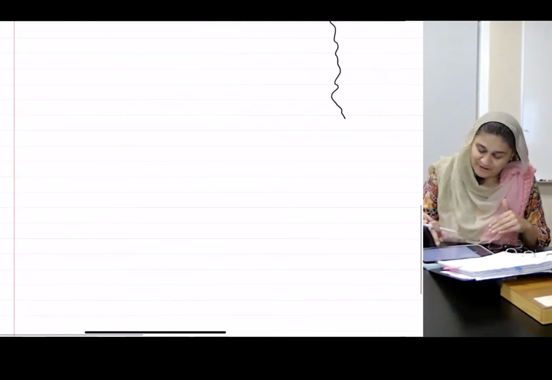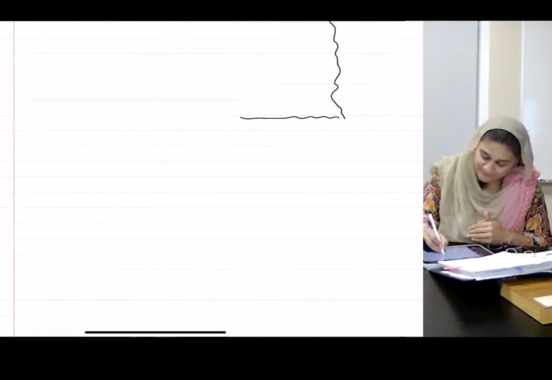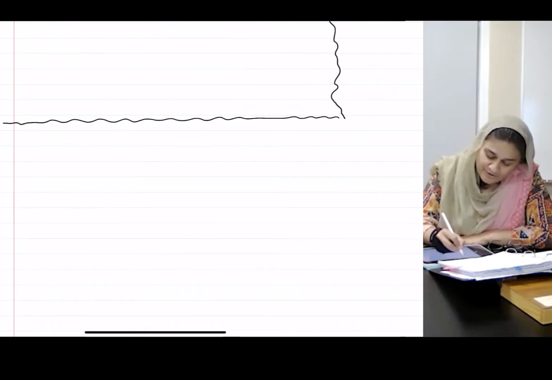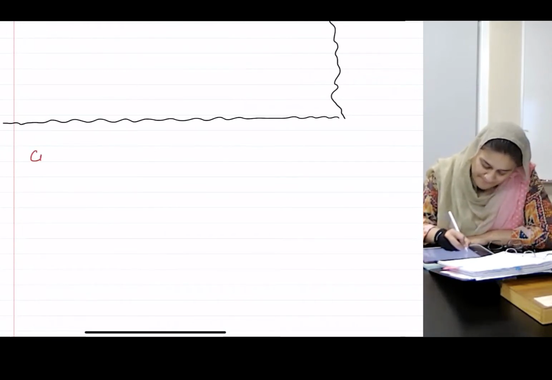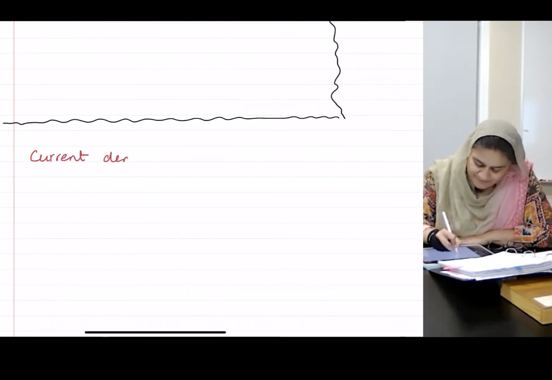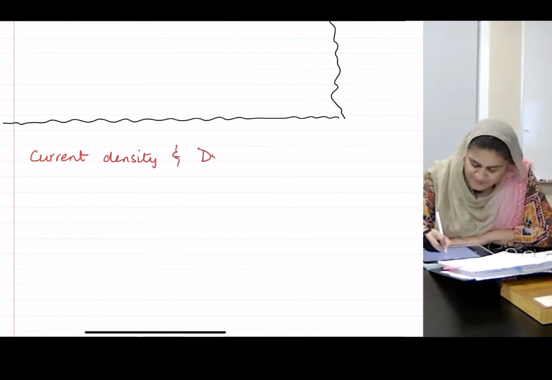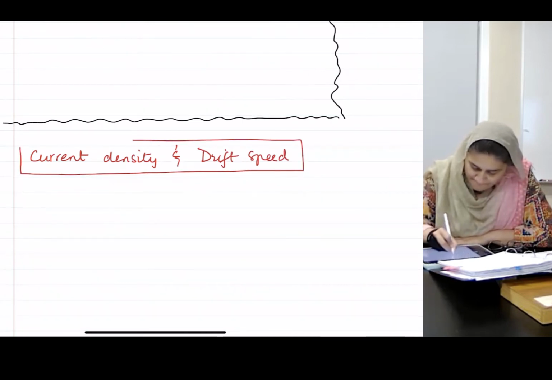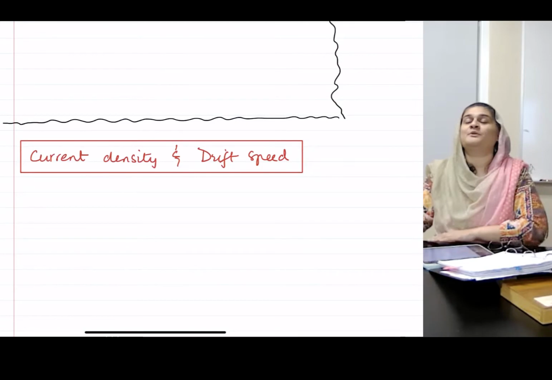Okay, so I'm going to talk first about current density and drift speed. Okay, what does that mean?